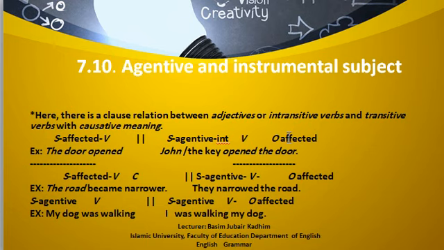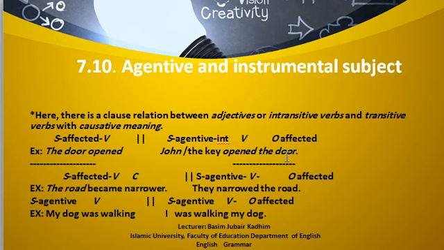For example, the door opened. Here the subject is affected, while in this sentence the subject's role is agentive, with a transitive verb. For example, John or the key opened the door.